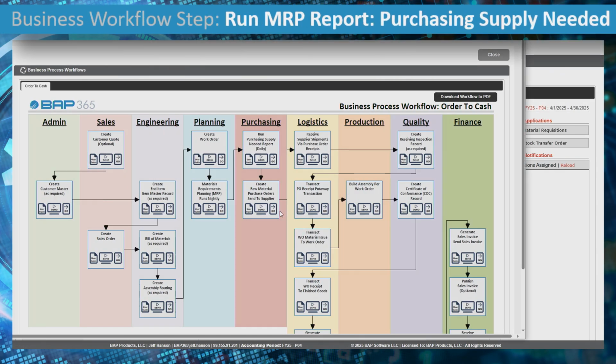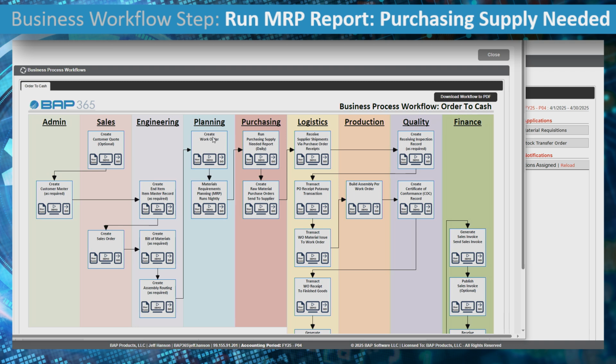All right, moving on to the next steps in our order to cash business workflow in BAP365. So the next two steps actually happen in tandem. So in the previous step, we created the work order, and you saw that we now have a supply order that is supplying the items that will eventually be shipped against the sales order that we created a few steps ago.